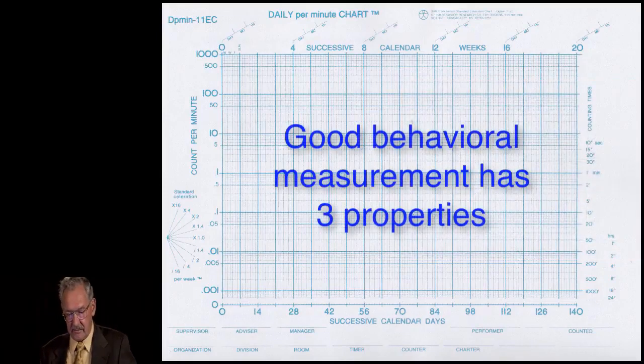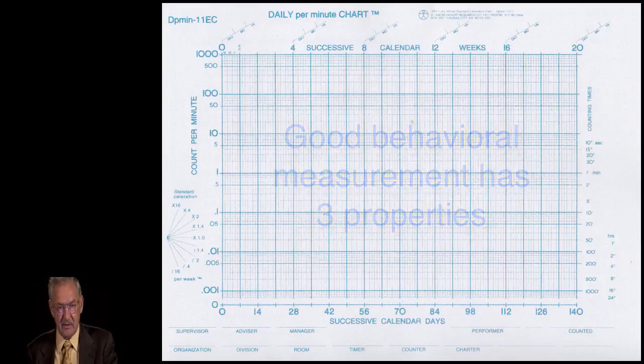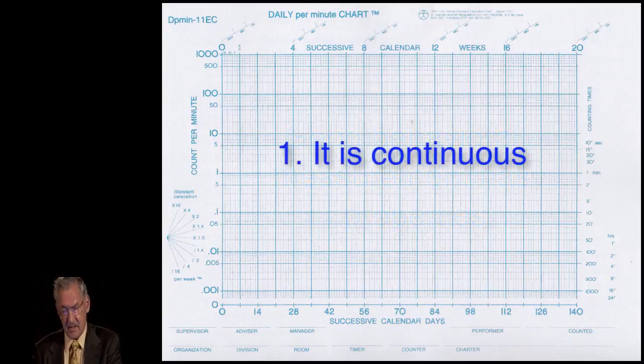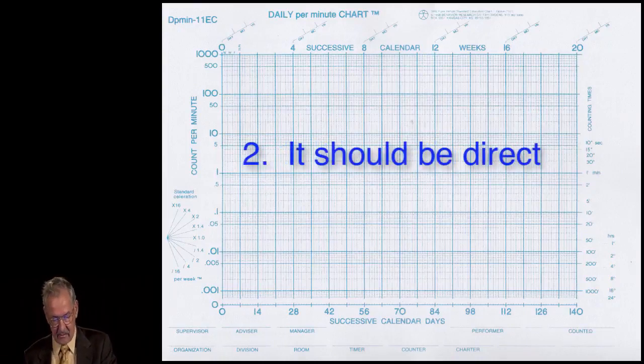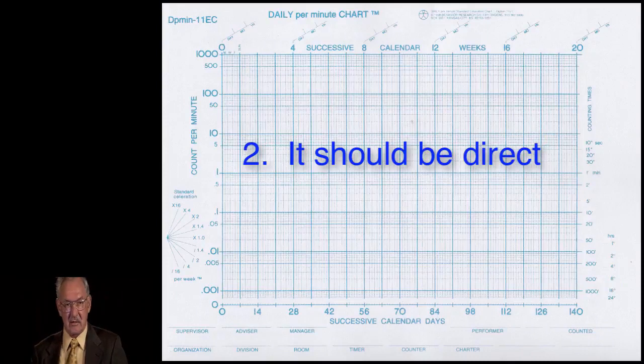Skinner also taught us that good behavioral measurement has three properties. It is continuous, and we've already mentioned that. It is uninterrupted through time, just as behavior is. Second, Skinner emphasized that behavior recording should be direct. In other words, we get a direct contact with the organism through its behavior. We do not rely on judgments about the behavior.